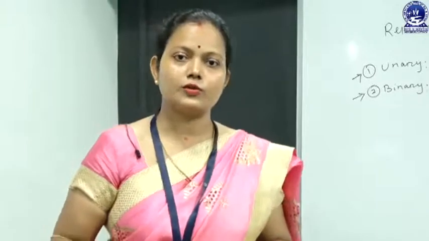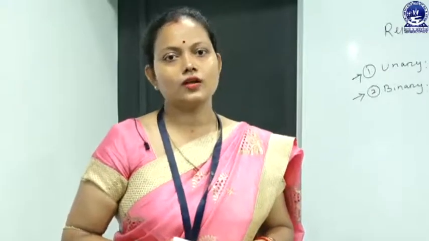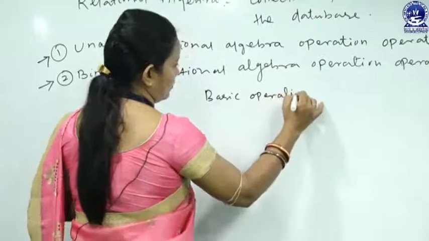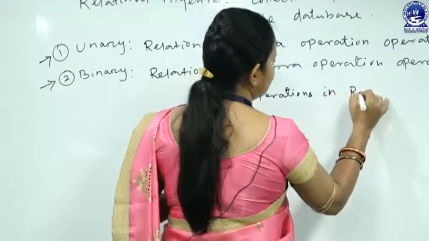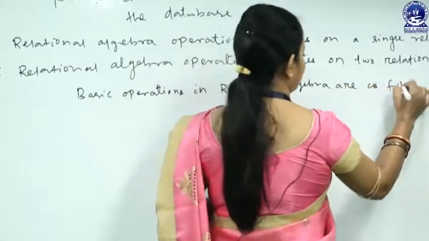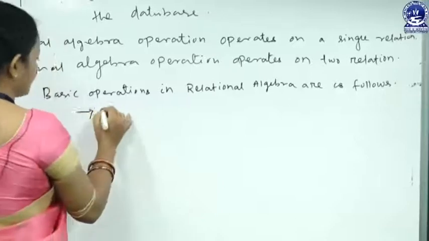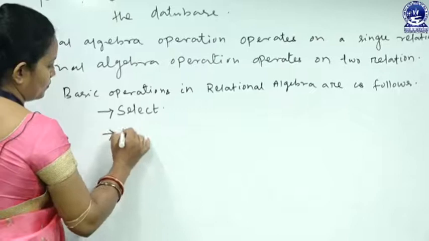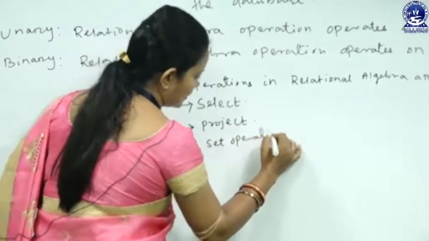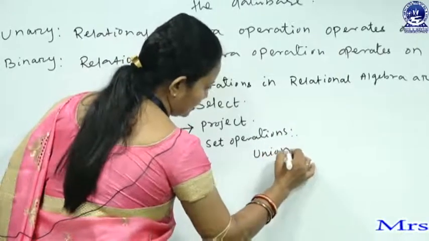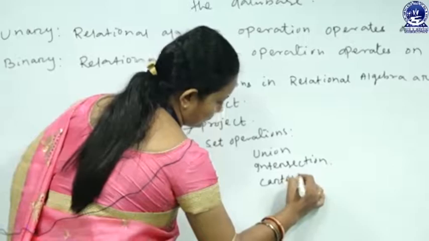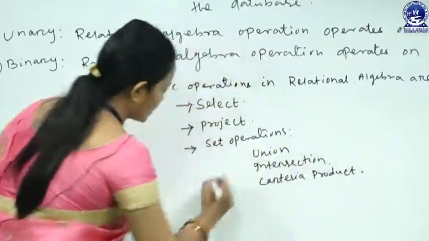Under set operations there are union operation, intersection operation, and Cartesian product operation. Then the last one is the join operation.